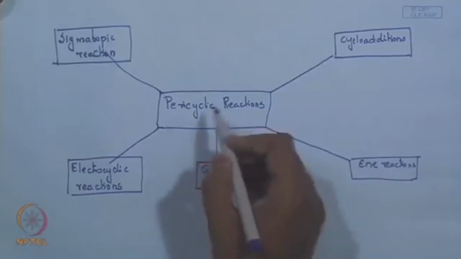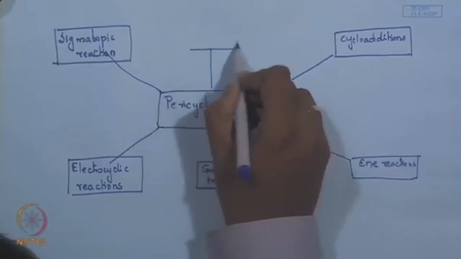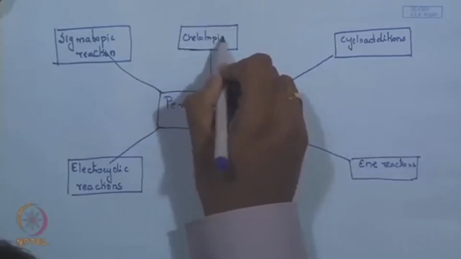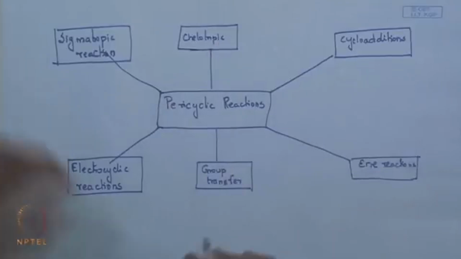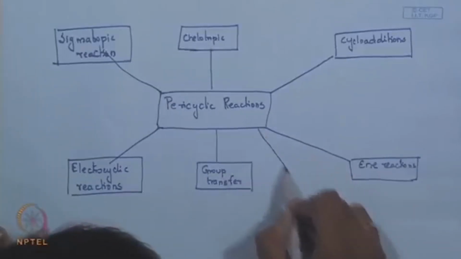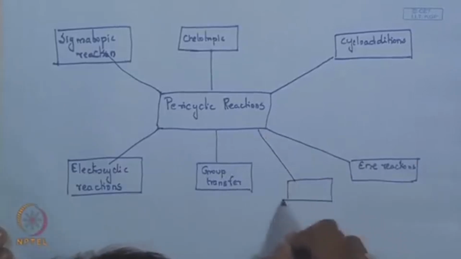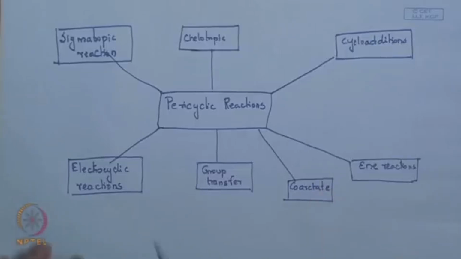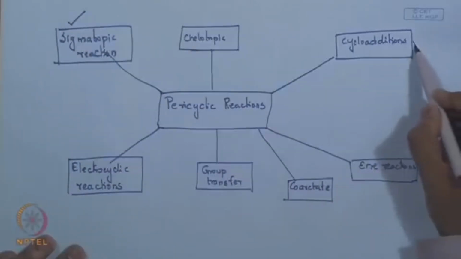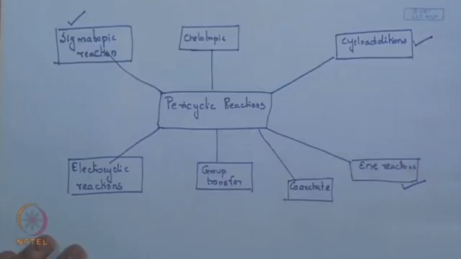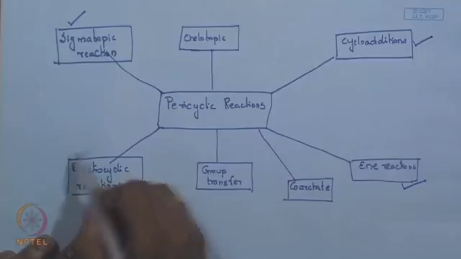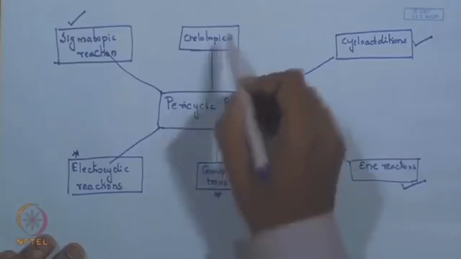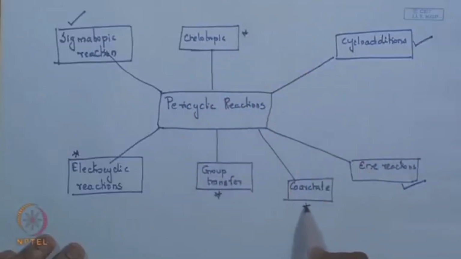Then we will understand another important class, that is your helitropic reactions. And then one more which also falls under pericyclic reaction, that is your coarctate reactions. So, we have covered sigmatropic, cycloaddition, then ene reaction. Now, what we have to see in pericyclic reaction is electrocyclic reaction, then group transfer, helitropic and coarctate reaction.